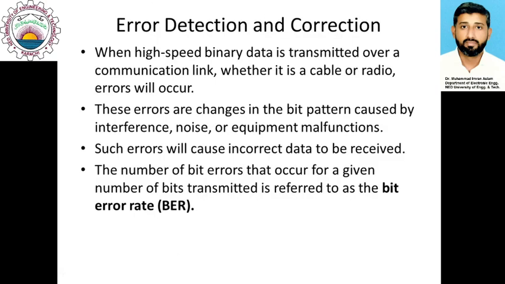So let us now talk about some error detection and correction capability that we can get in the digital signaling, previously discussed as well. We know that whenever high speed data is transmitted over a channel, it is generally contaminated by noise and interference and other unwanted phenomena.